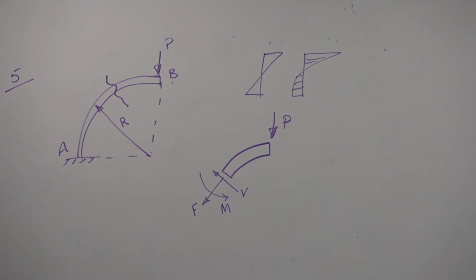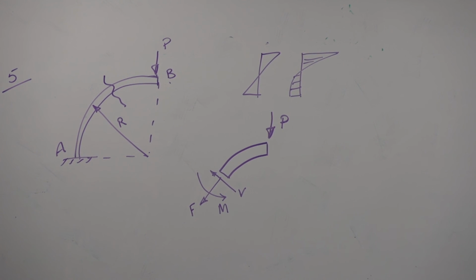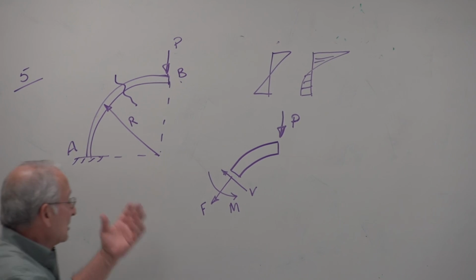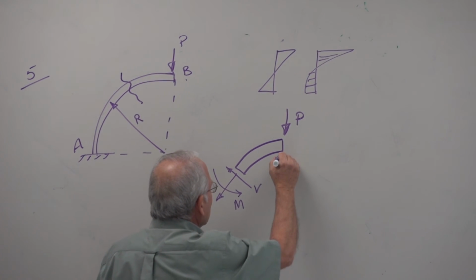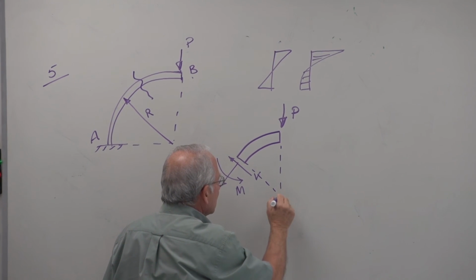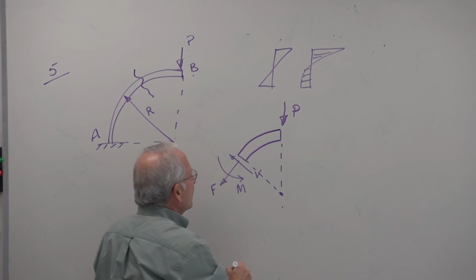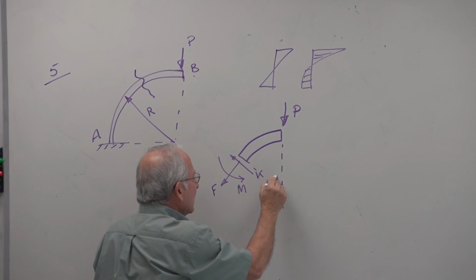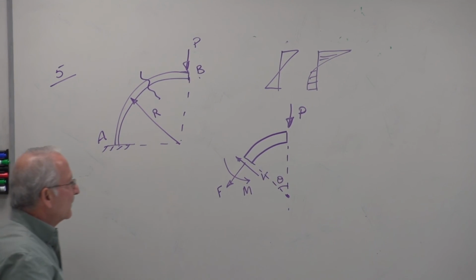Now, the directions of those, whatever they are, I'm not saying those are the correct directions. Remember, these are unknowns. You take them in any direction you want, and if you get a negative answer, that means you have to change direction. That's not the right direction. This angle I will assume to be theta.